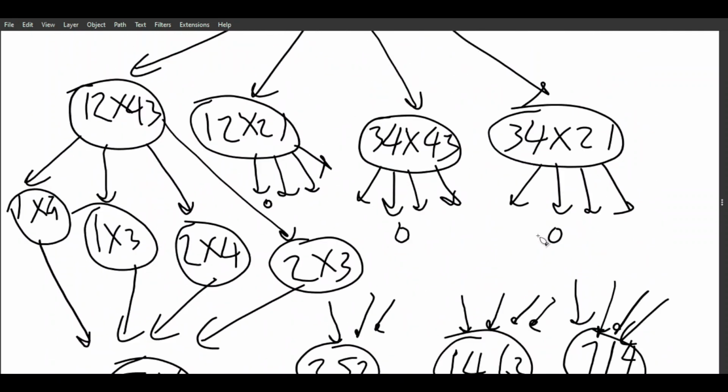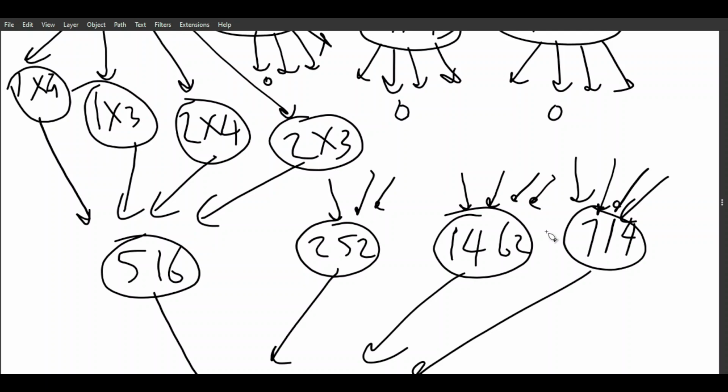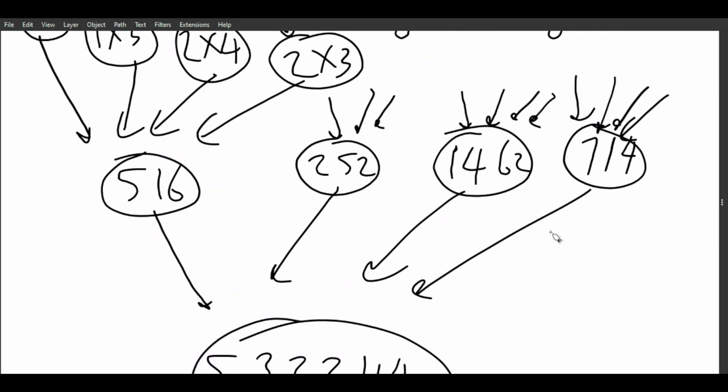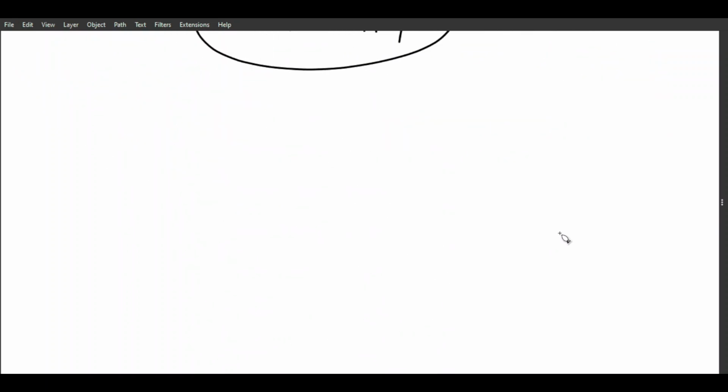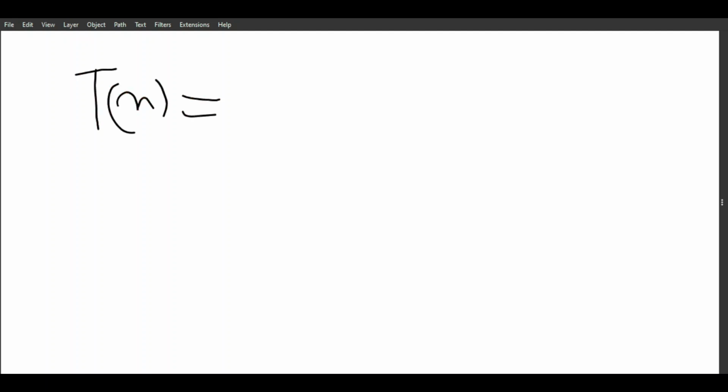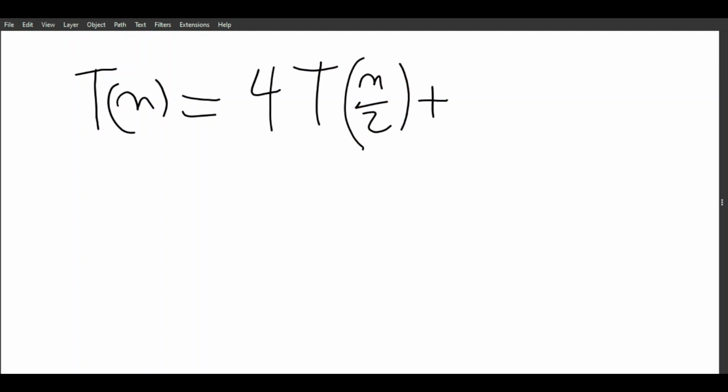Now we'll find time complexity of this divide and conquer multiplication algorithm. We denote by Tn, time to multiply 2 n-digit numbers. So we know there are 4 sub problems of size n by 2, plus divide and conquer steps combined, they take only linear time.